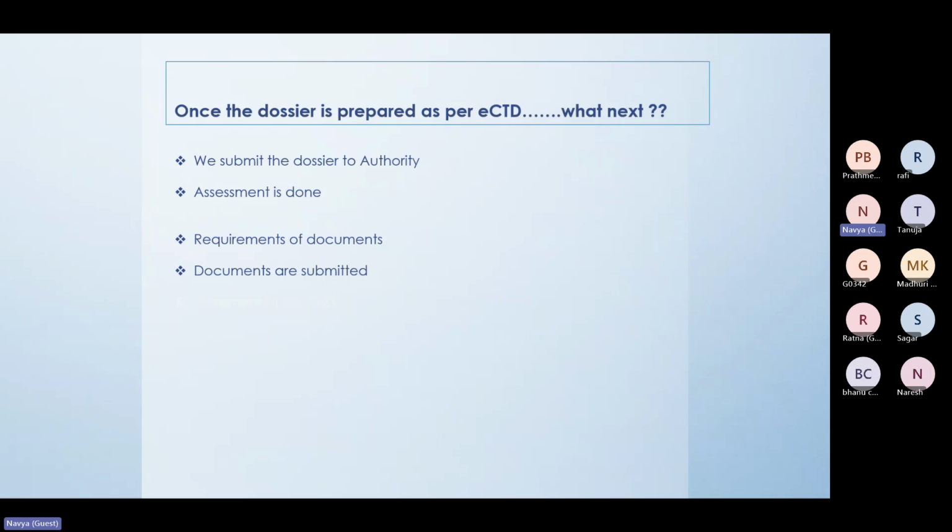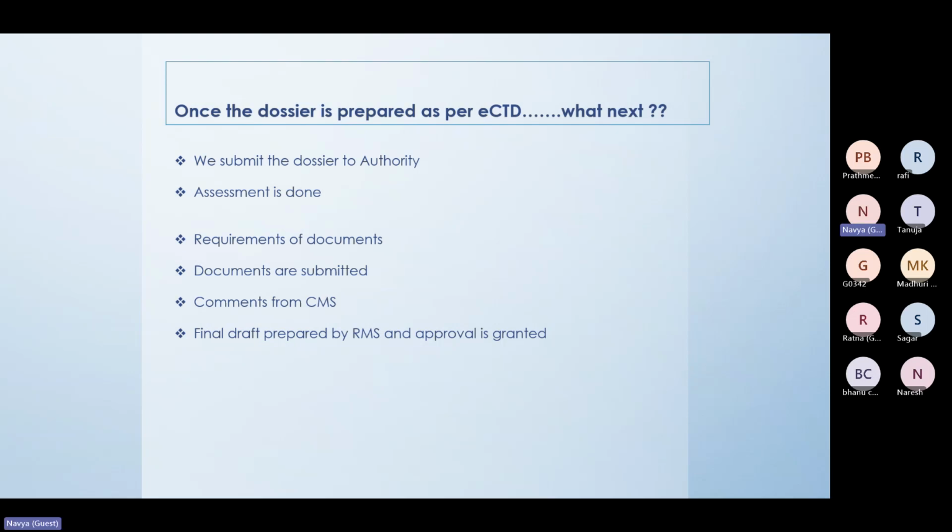Then you also get comments from the CMSs. If a CMS requires any information, the RMS will go to the MAH again and ask for it. So the RMS acts as a link between the CMSs and your MAH. The final draft is prepared by the RMS, and then the approval is granted.